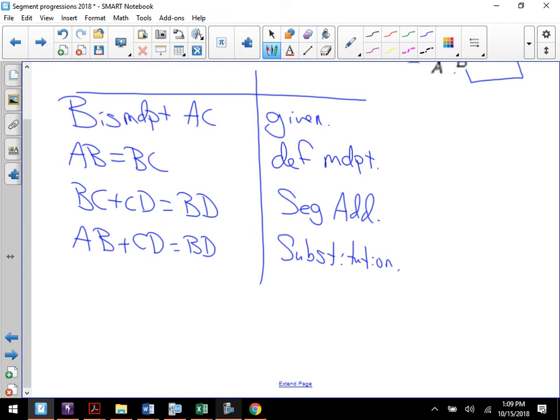In this case, you can also say that you can put something in for something else when they're equal to each other. Okay, that's the idea. All right.